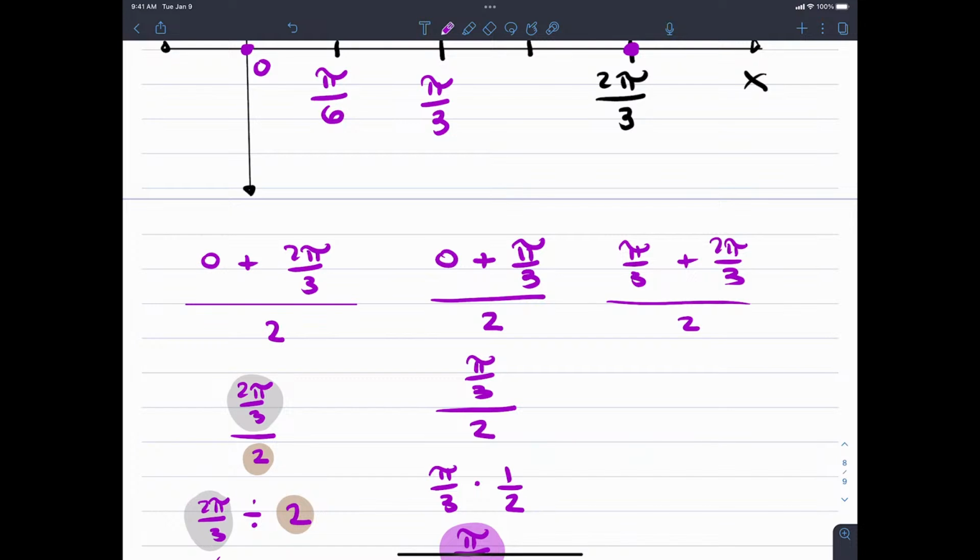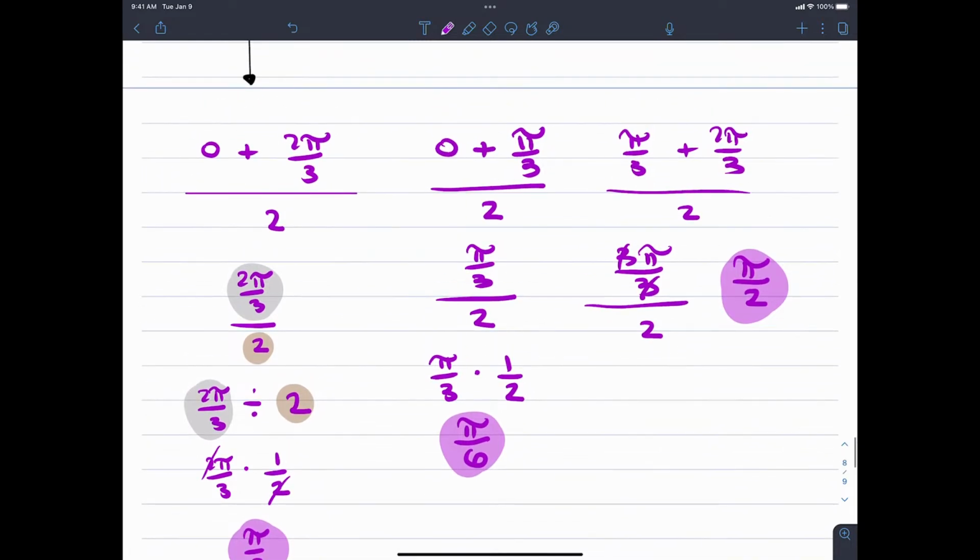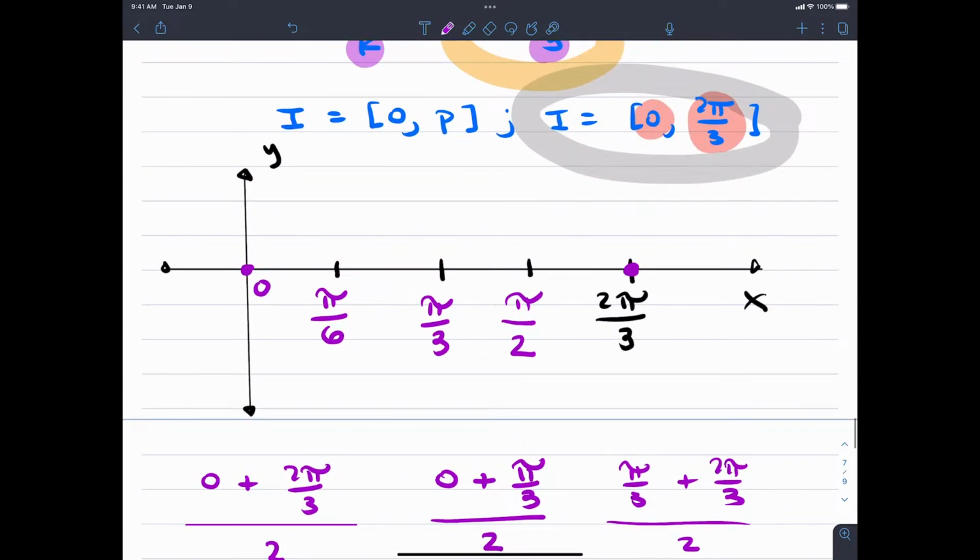What's that going to be? It is 3 pi over 3 divided by 2. And that's just going to be pi divided by 2. So, ladies and gentlemen, this comes down to arithmetic. Okay? Arithmetic. You're adding fractions and you're dividing a fraction with a whole number.